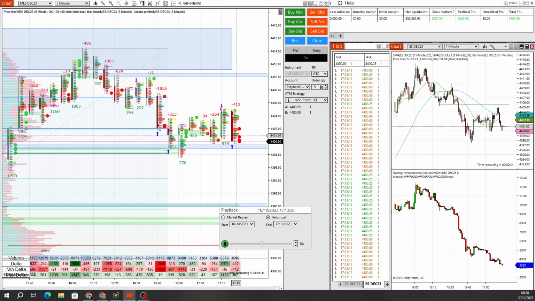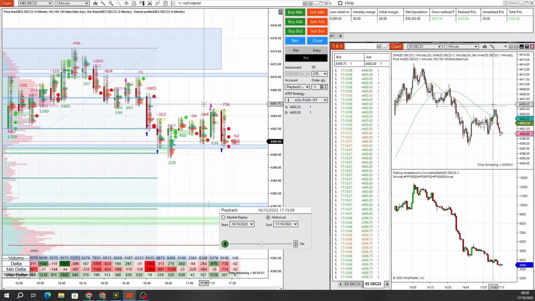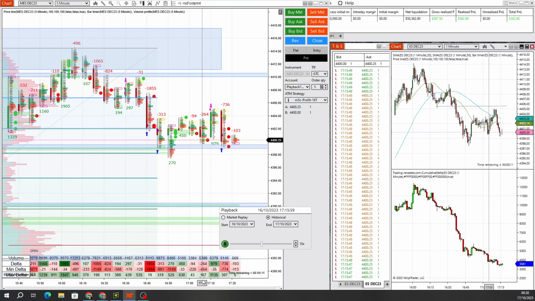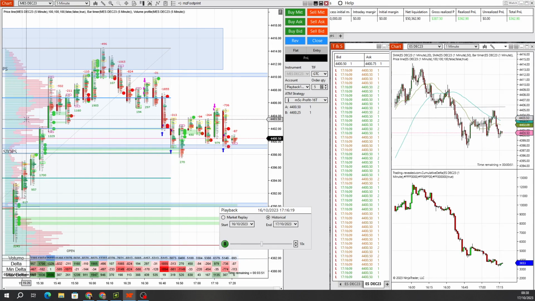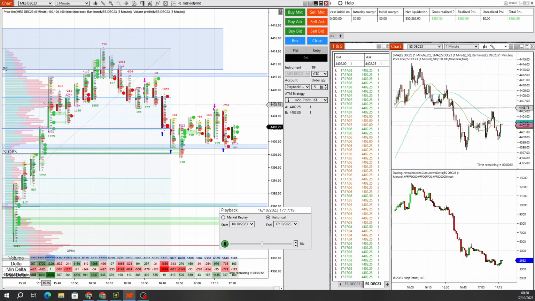A little bit too early, obviously, because now they want to go below to grab that liquidity. Well, that will be the first trade, lunch trade. Notice that this still has got a little bit of space to be filled.